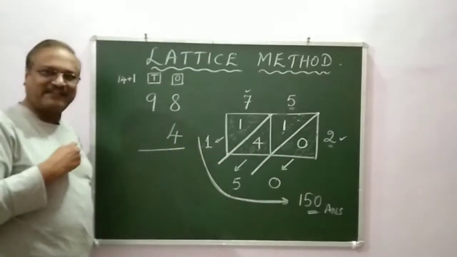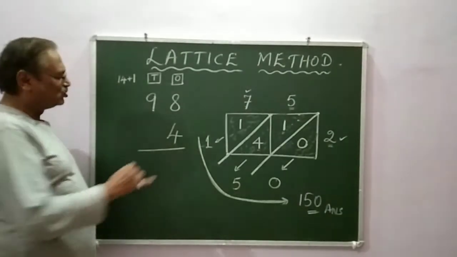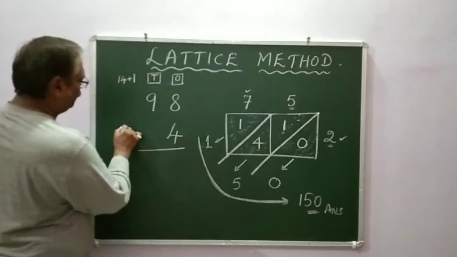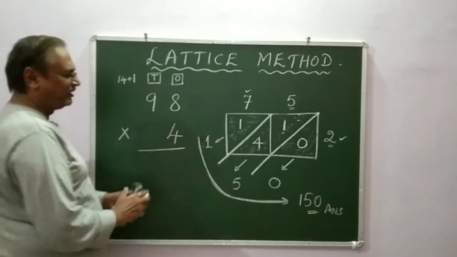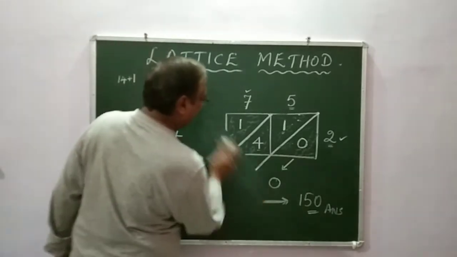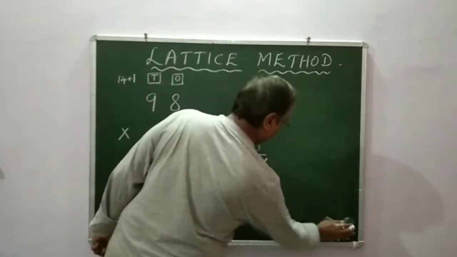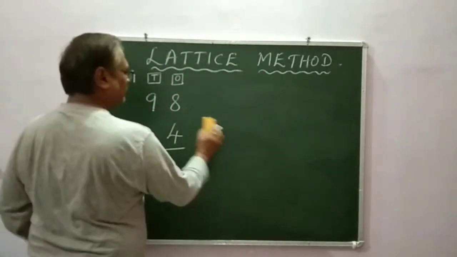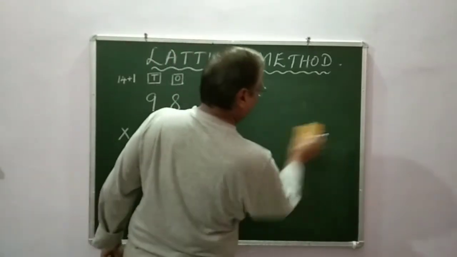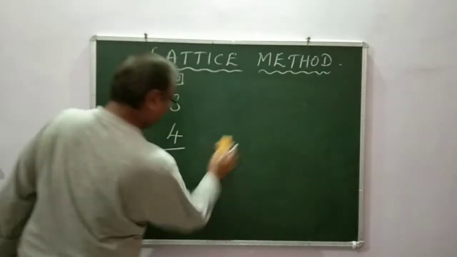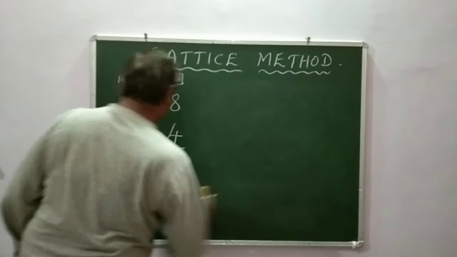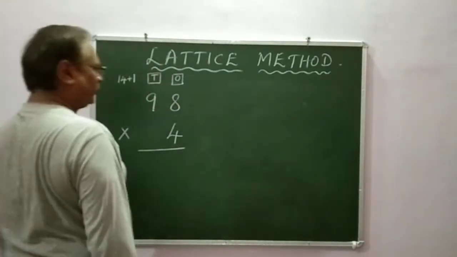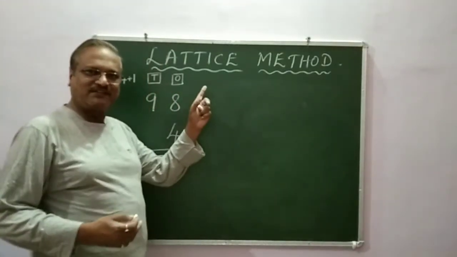I know only till the 5th multiplication table, so I am going to multiply by 4, a single digit number. Let me erase it and make the board clean. Now, what do you do in the lattice method?